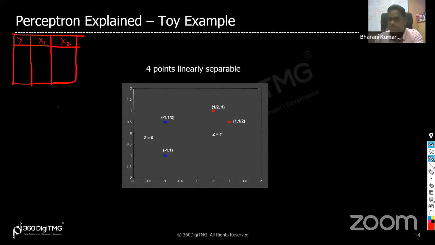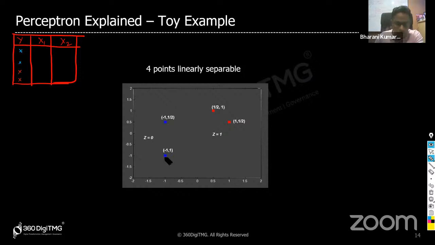And you have two classes. One is z equal to 0, the blue class. You also have the red class. So you have two red classes, two blue classes.